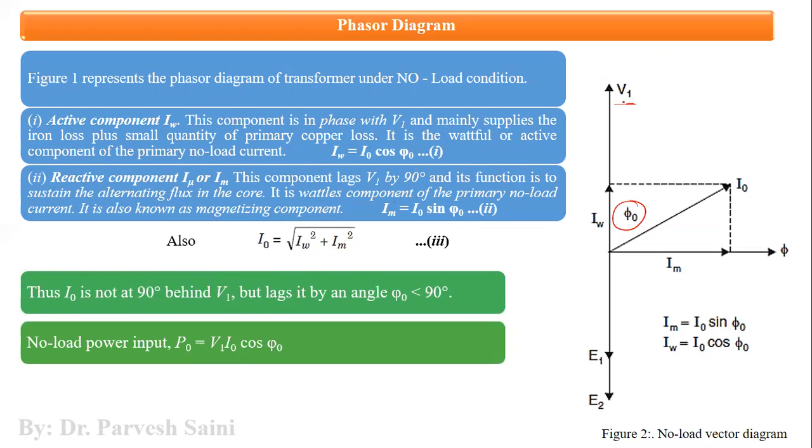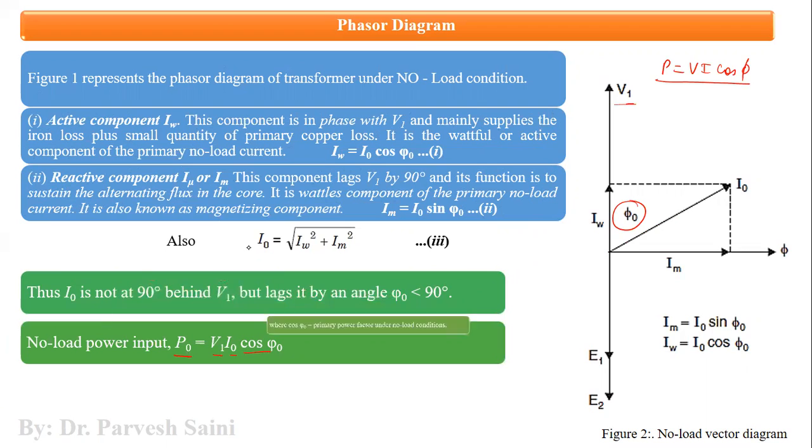Then the power input to the transformer under no load condition. The power in an AC circuit is given by P equals VI cos phi, but here your transformer is not connected to any load. So the no load power will be given by P naught equals V1 into I naught, where I naught is the no load current, into cos phi naught, where phi naught is the no load phase difference.